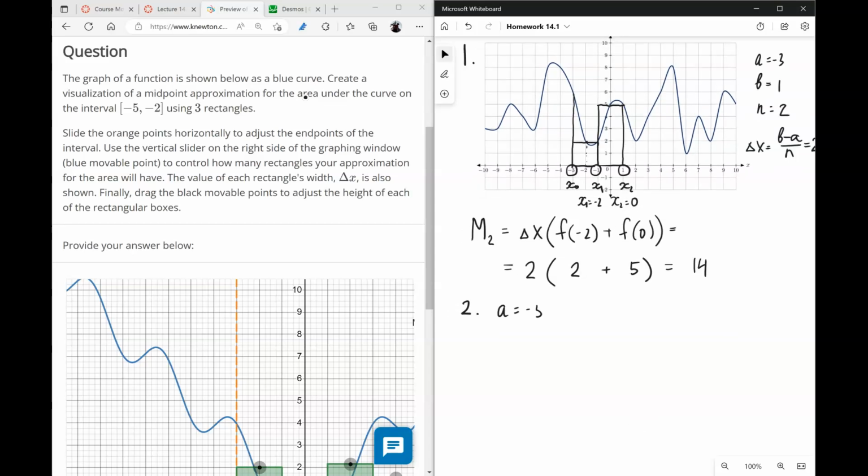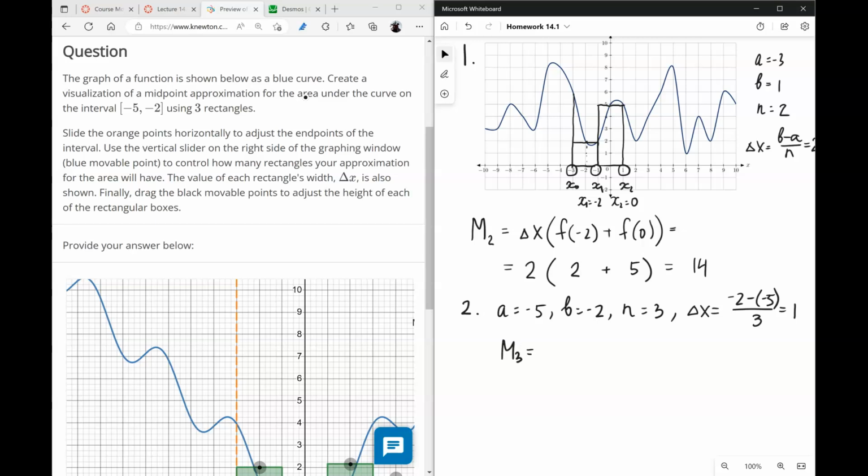So A is -5, B is -2, N is 3. We can, just for practice, compute delta x. It's going to be B minus A over N, so in this case it's just going to be 1, and we're looking for M3.